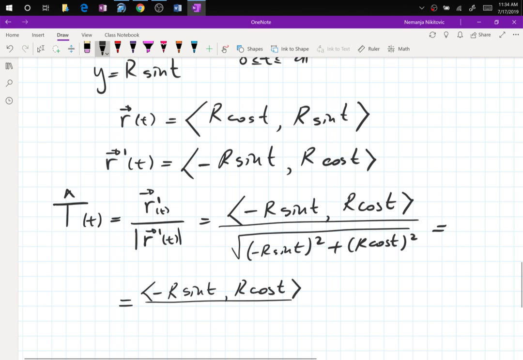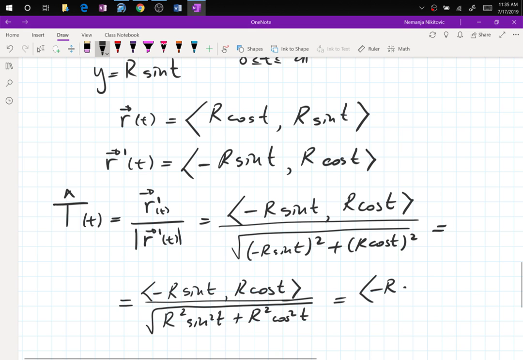And now what do I have? Well, negative goes away. I have r squared sine squared t plus r squared cosine squared t, all of that under the square root. So I hope you guys see that the entire denominator is just r. You factor out r squared, and that escapes the square root, becomes an r.